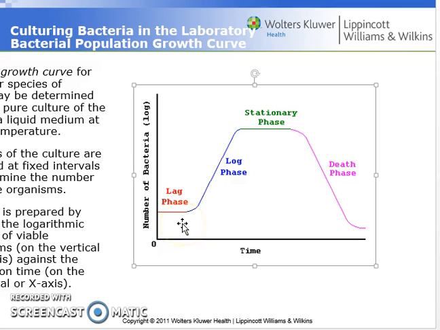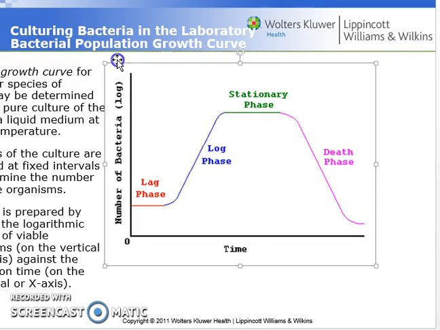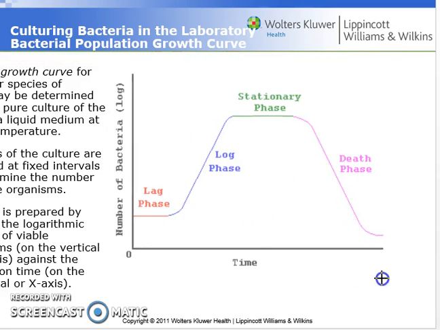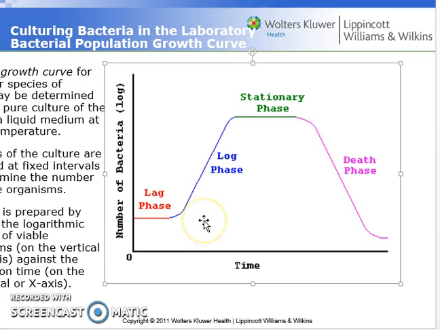There's the lag phase, where you have bacteria just hanging out, getting ready to grow and develop, and they're in the process of maturing. But once they mature and start undergoing binary fission, bacteria enter what's called the log phase.